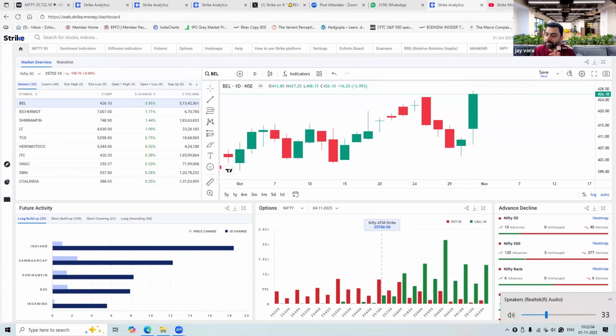So typically 90% of the activity will happen in the next month only. For example, when October expiry is over, a lot of activity will happen in November expiry, because they will shift their positions to November, which is more liquid.